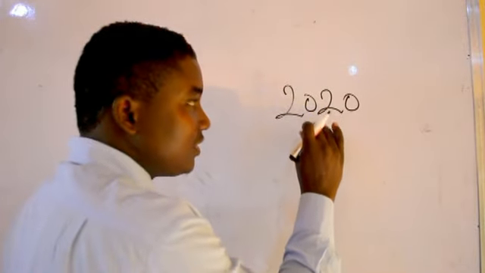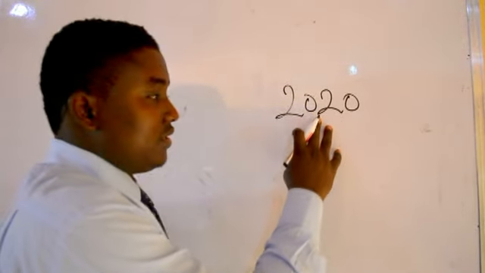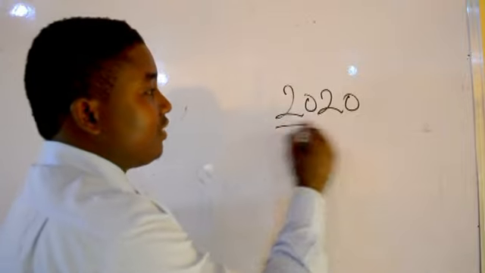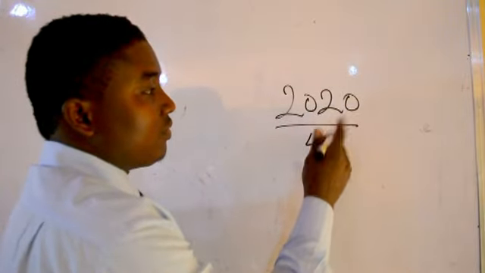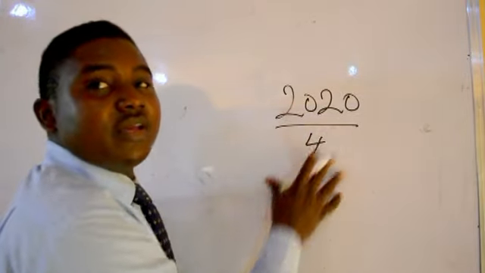Let us take some examples using this procedure, assuming that the year 2020 is given in an equation and we need to determine the days in the year 2020. Then we have to divide the year 2020 by 4 to determine whether the year is leap or non-leap year.